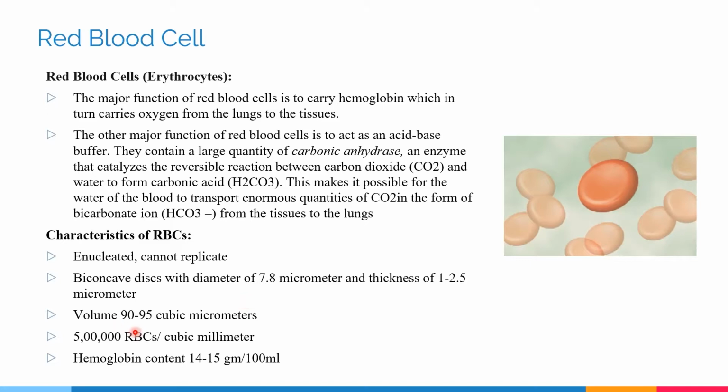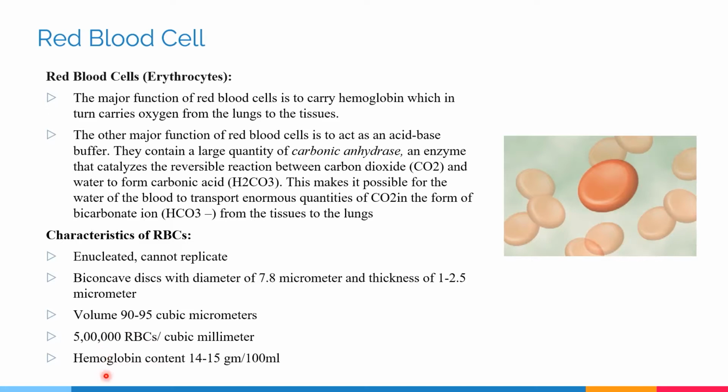The RBCs have a volume of around 90 to 95 cubic micrometers, but there are also a huge number of RBCs present in a cubic millimeter of blood, around 5 million. So there are around 5 million RBCs in 1 cubic millimeter of our blood. This is the standard, and ordinarily in males the amount of RBCs is a bit higher, and in females it is a bit lower than this mark.